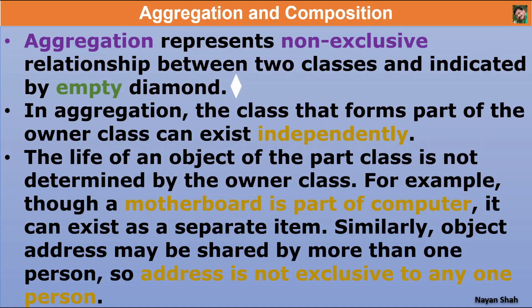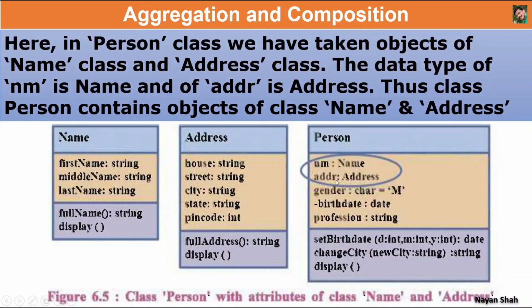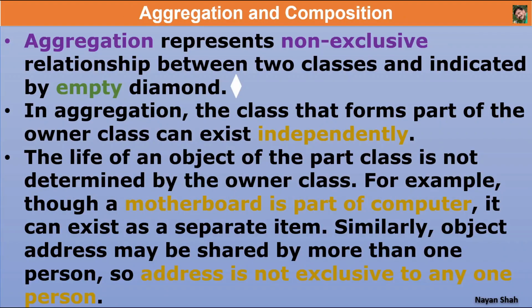In aggregation, the class that forms part of the owner class can exist independently. So the relationship between both the classes is not exclusive. Both the classes can exist on their own independently. For example, address class and person class, they are not strongly related, they are having non-exclusive relationship.